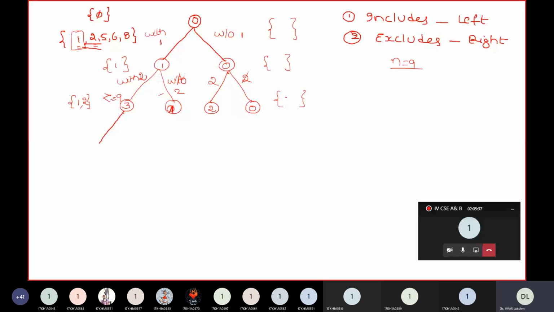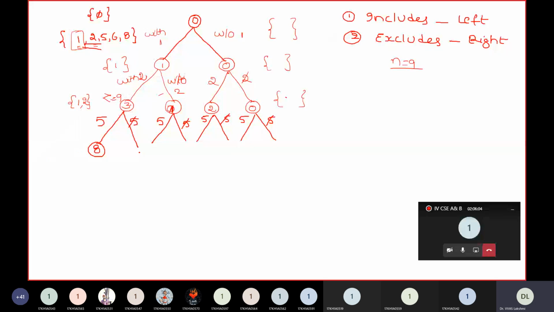Next we are going to consider whether 5 is included or 5 is not included. So here also 5, here also 5, 5. So 3, the sum is already there, 3. 3 plus 5, we are considering 5, that is 8.